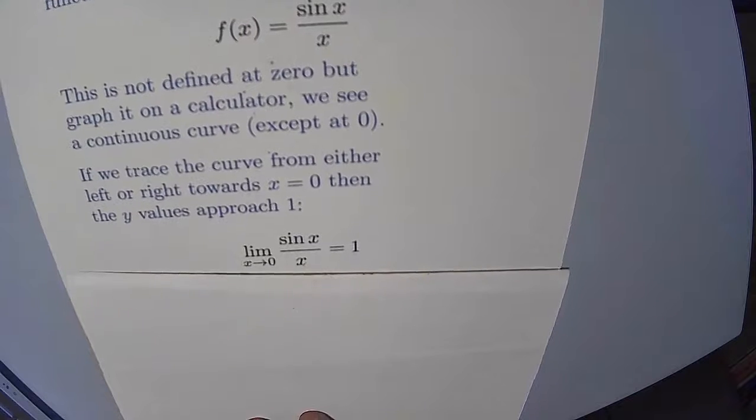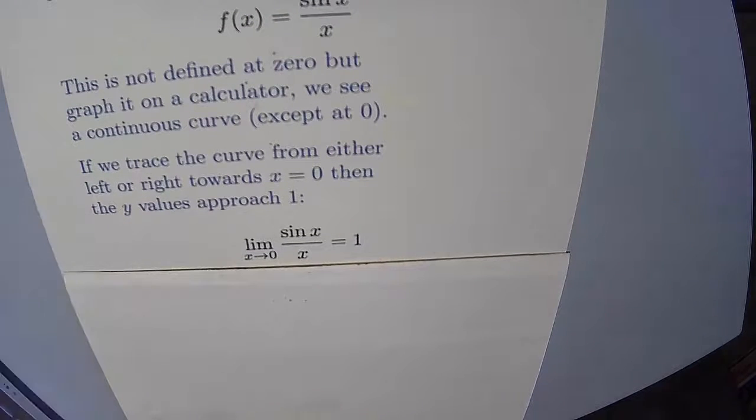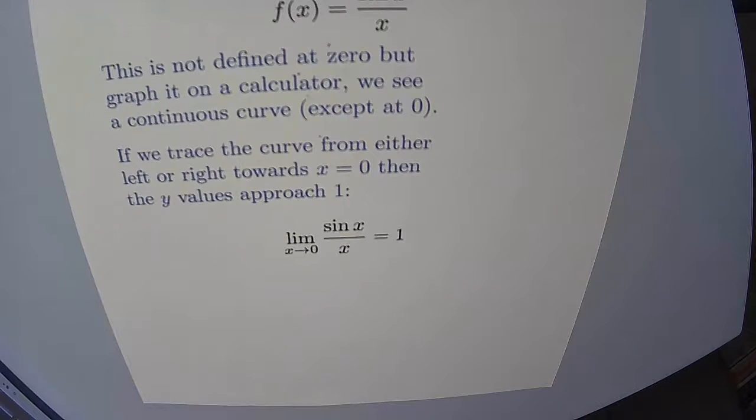Let's call that the limit as x goes to 0 of sine of x over x equals 1. We can actually calculate this limit using L'Hopital's rule, which I will talk about in a separate video. We don't need to discuss that here.